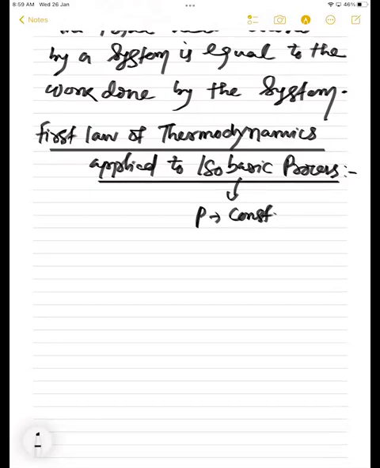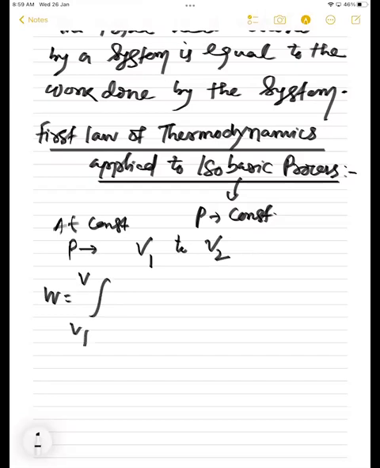Students, let pressure remain constant. P is constant. At constant P, volume changes from V1 to V2. Very small thing, not that much difficult. You have to keep all the information in mind so that you can attend a numerical, right?